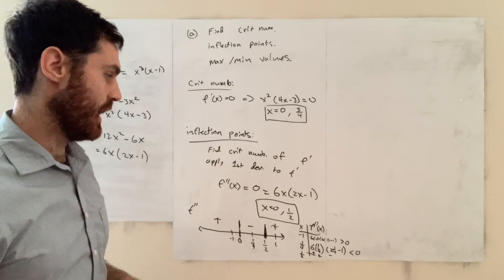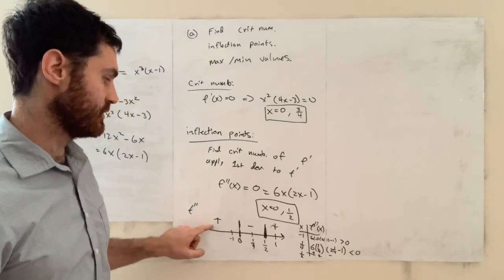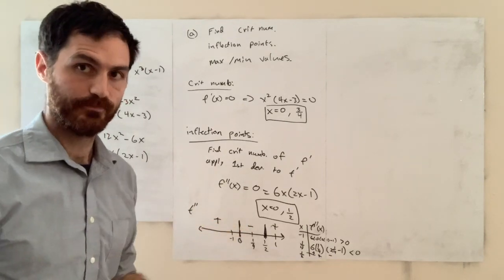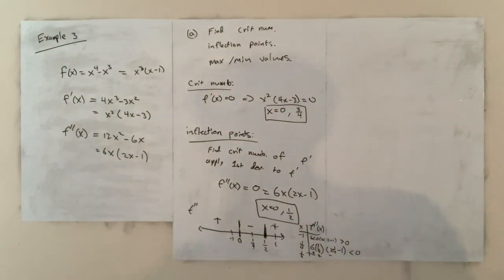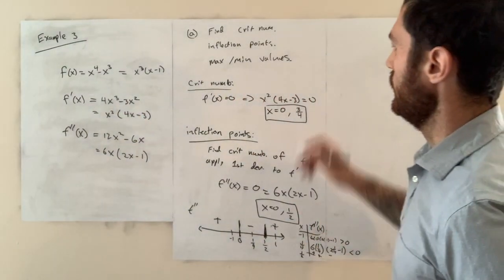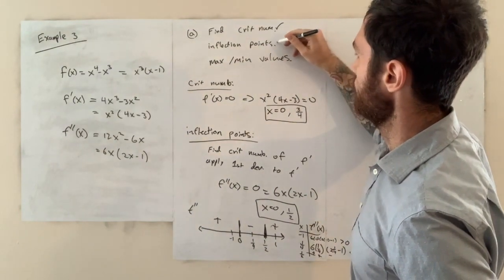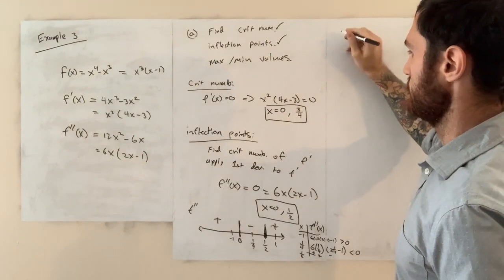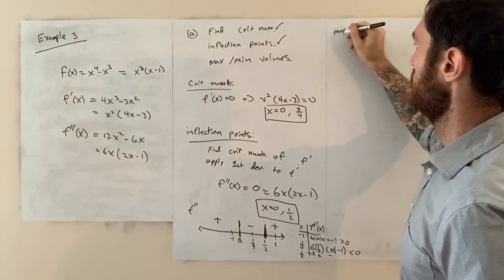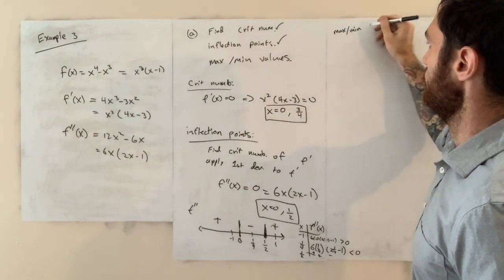And so we can't have a change from positive to negative. Okay, so now we found critical numbers, we found the inflection points. Now let's find the max / min values.